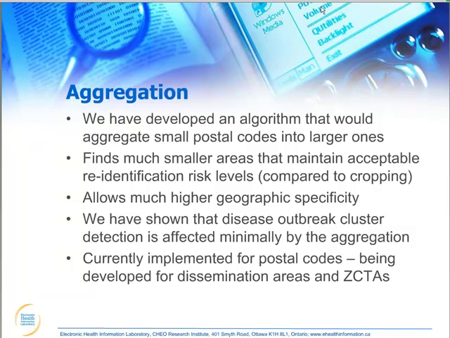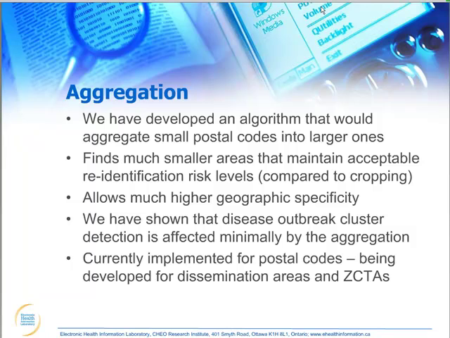These are all solvable problems, and we're working on solving them. But as of today, the aggregation is done to ensure that the areas are as localized as possible, and large enough to meet the identification risk threshold. And I'll show you an example of how we implemented this in the PARAT tool.